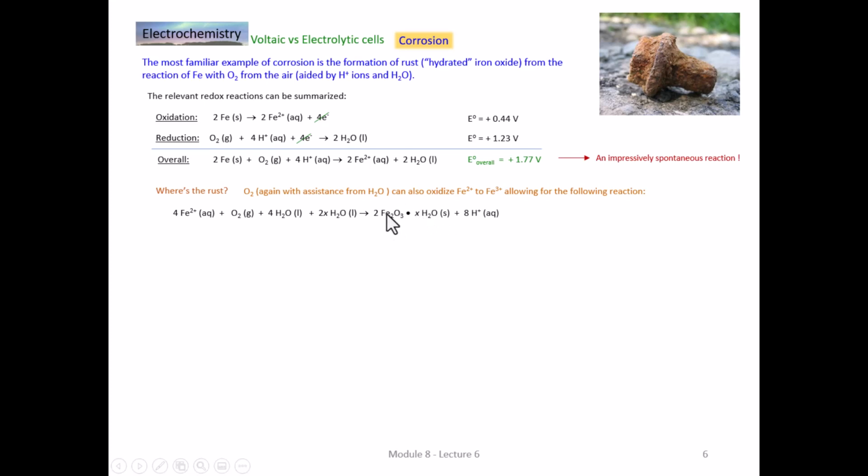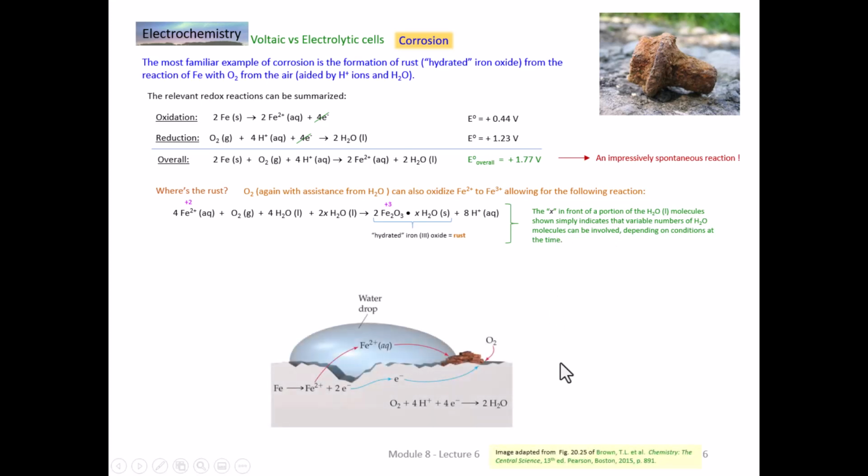This is what we call hydrated iron oxide, and 8 hydrogen ions. The iron here, of course, is oxidized from +2 to +3 by the oxygen, and this formula here is our hydrated iron 3 oxide, which we would consider to be rust. The X in front of the H2O liquid simply indicates that there's a variable number of water molecules involved here depending on the conditions at the time of the reaction.